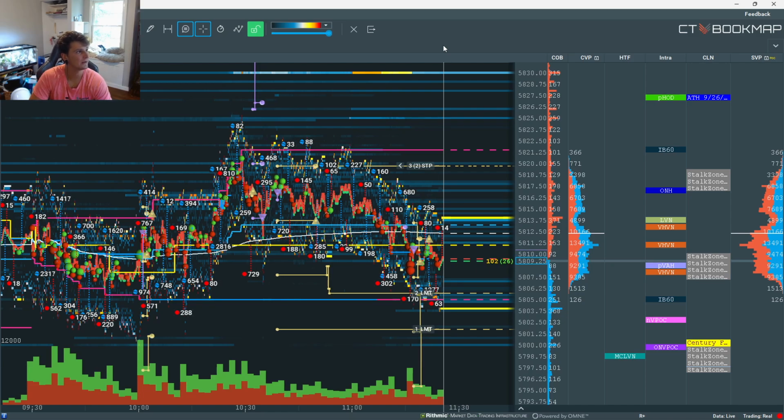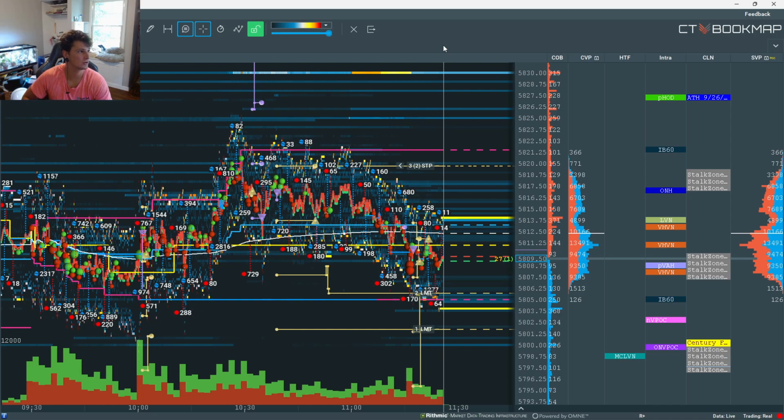Tom says, rarely do we get a day where there's no range extension. Being Friday, we might anticipate long liquidation also. We just have to let it play out. Sellers have been doing a decent job, but it seems at the moment it is long liquidation.